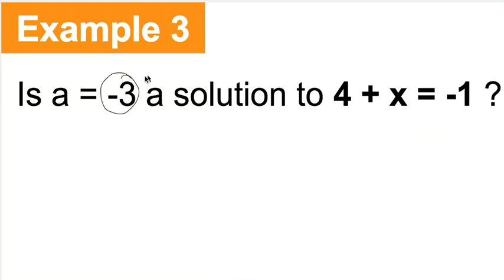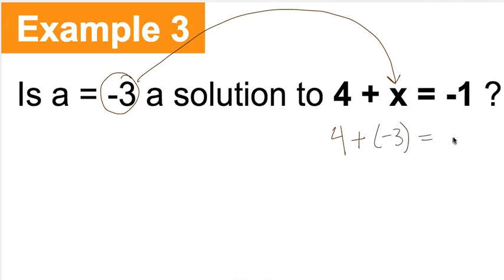So I'm going to take this -3, and step number 1 is to substitute. So I'm going to get 4 plus -3. We don't know if it equals -1, so put a little question mark here.